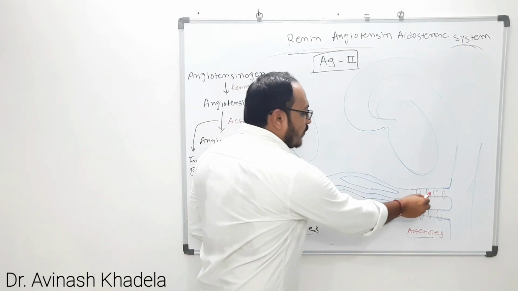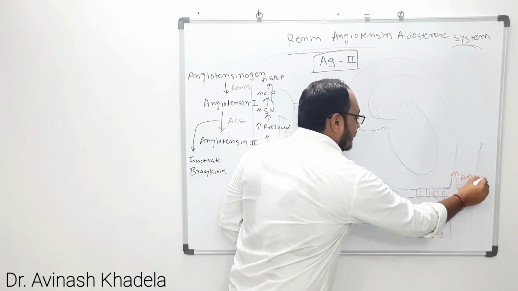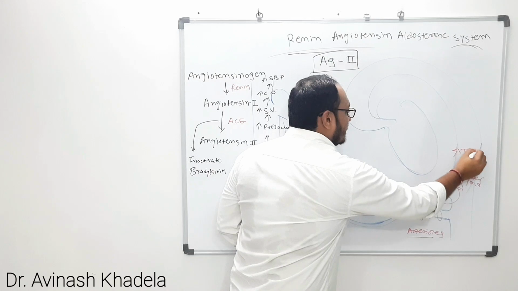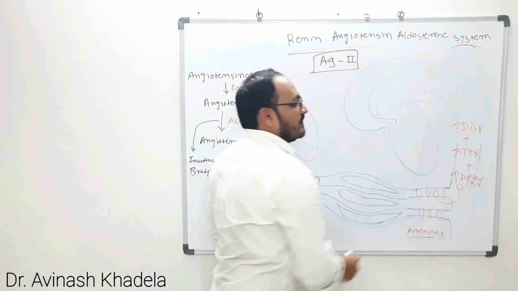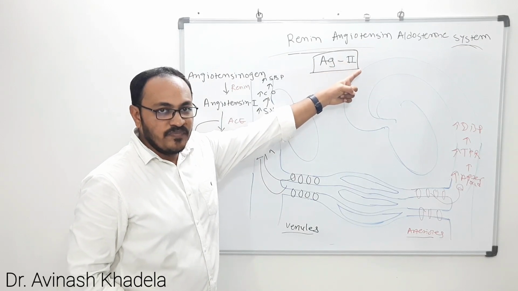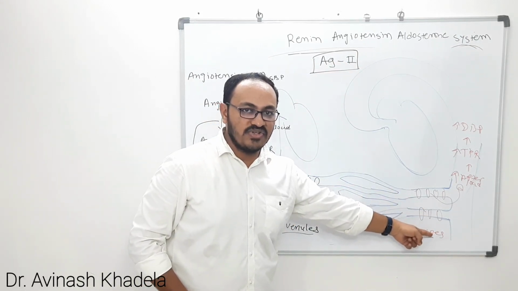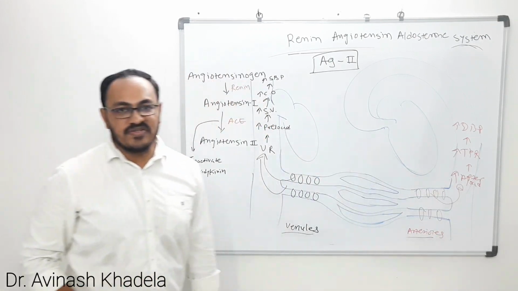If the afterload is increased, it leads to an increase in total peripheral resistance, and thus it leads to an increase in diastolic blood pressure. So this angiotensin 2, via venous constriction and arterioconstriction, leads to an increase in systolic as well as diastolic blood pressure.